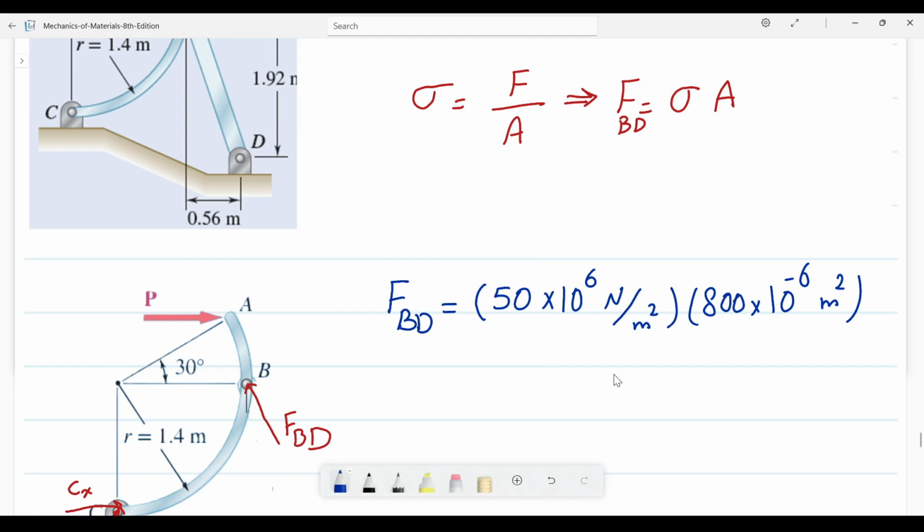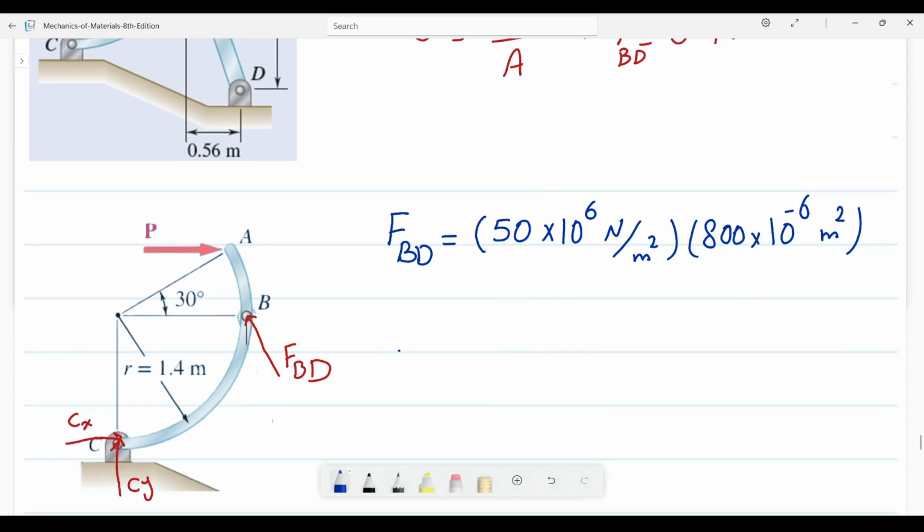That equals FBD equal to 40 kilonewtons.